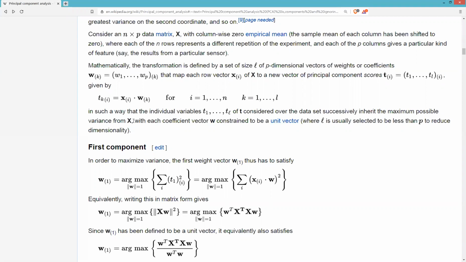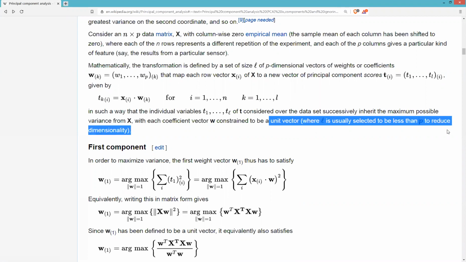Since the first principal component extracts the most variance, then the second, by reducing dimension we can still keep the most variation, which means the most information. L is usually selected to be less than P to reduce dimensionality.